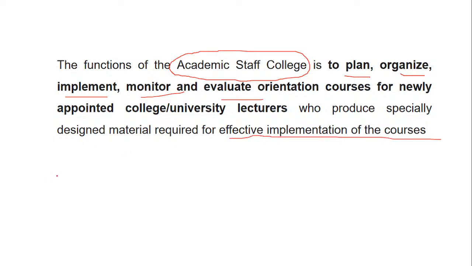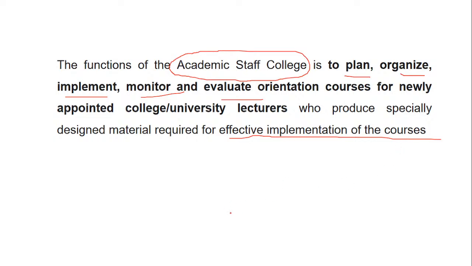Whichever stream the faculty is joining, colleges are supposed to ensure that the planning, organizing, implementation and evaluation parts are learned by the lecturers, and for that they send the lecturers for orientation or refresher courses, so that it helps them improve the quality and helps in effective implementation of the courses.